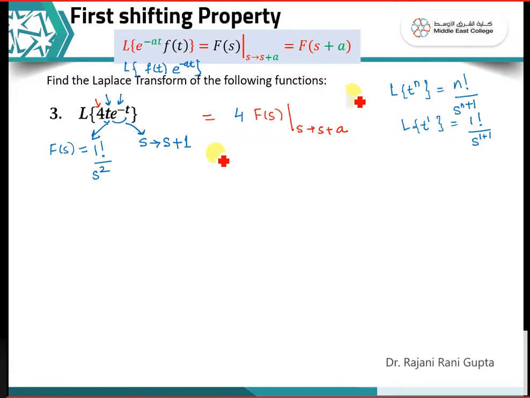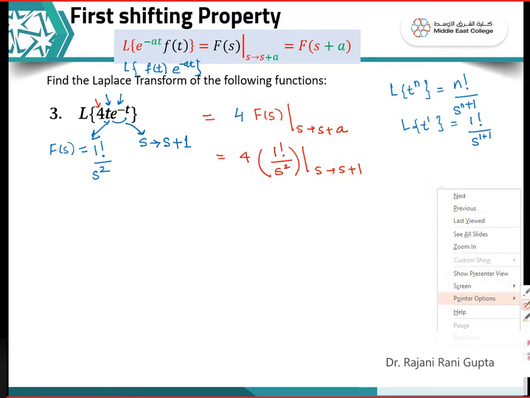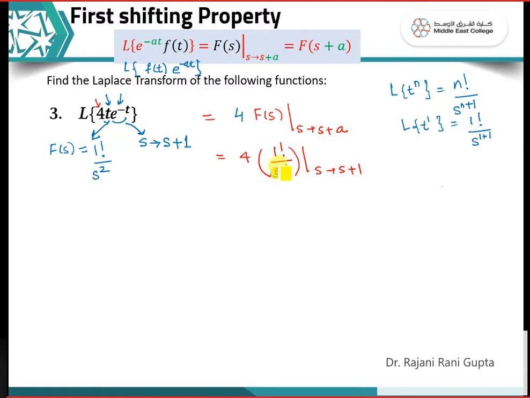The benefit of writing the formula every time is that you will memorize it. You don't need to look for it again. So s square, where s goes to s plus 1. Now here again you have to change this s by s plus 1 and then you are done.